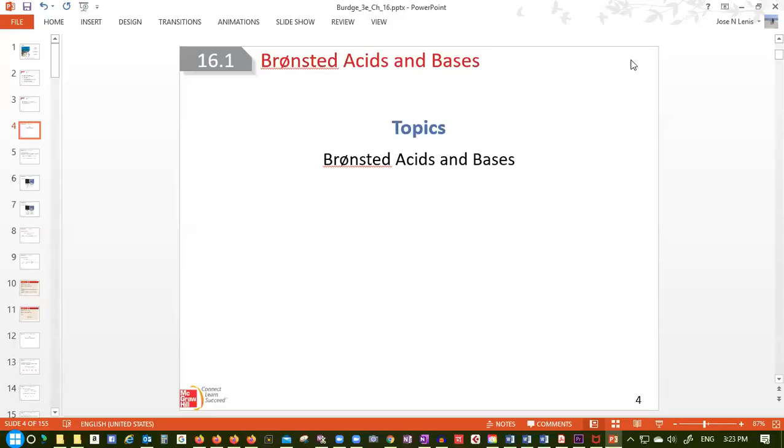Let's start with Bronsted acids and bases. These are theoretical definitions of acids and bases. That's what we call the Bronsted-Lowry acid-base theory, or also the Bronsted-Lowry acid-base model. Remember, this is a theoretical definition or interpretation of the behavior of acids and bases.